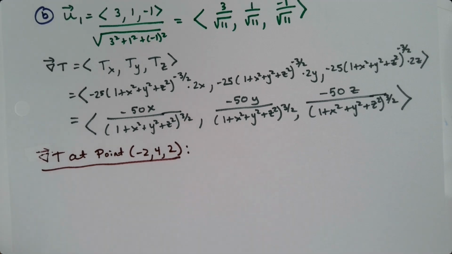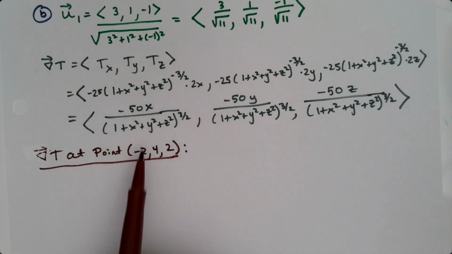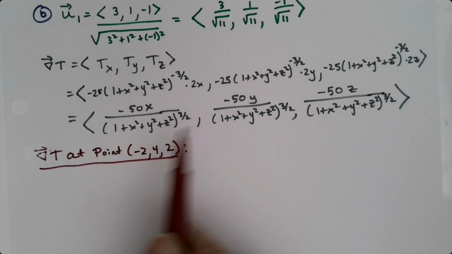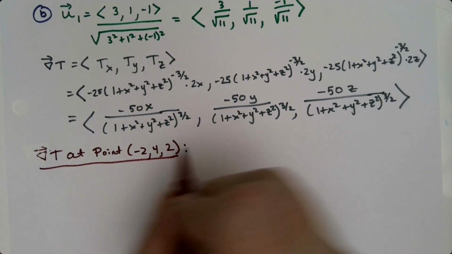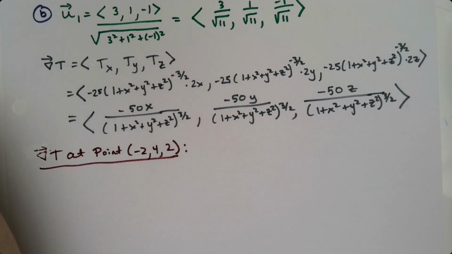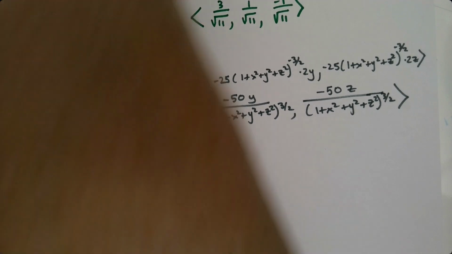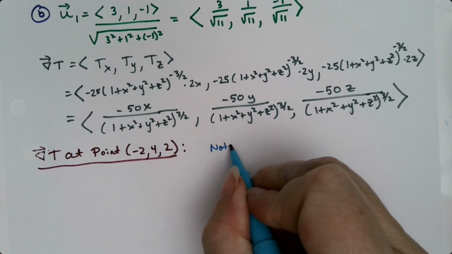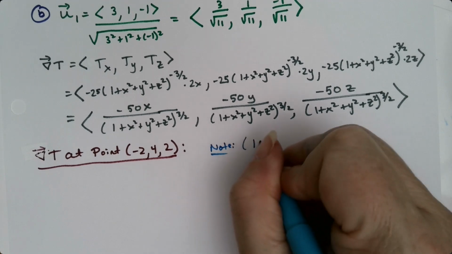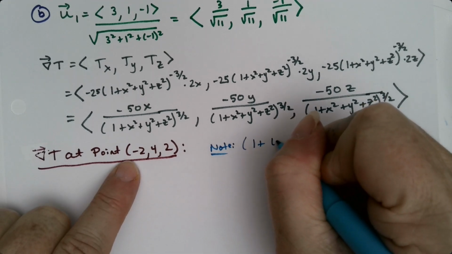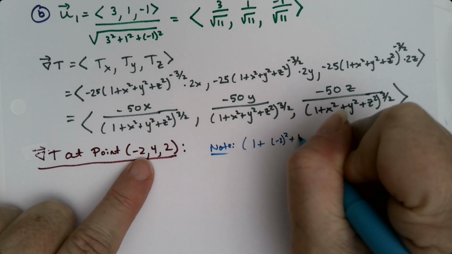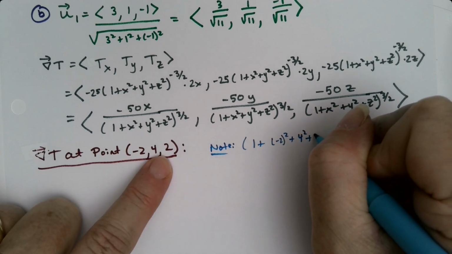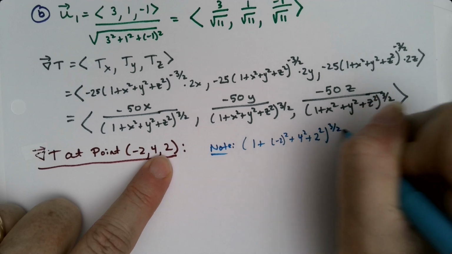Okay, so for that, I'm going to start substituting in values. Actually, let's just do ourselves a favor and take an aside here. Note: (1 + (-2)² + 4² + 2²) to the 3/2.